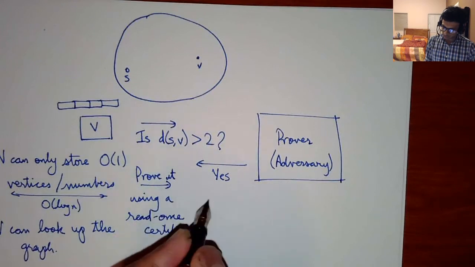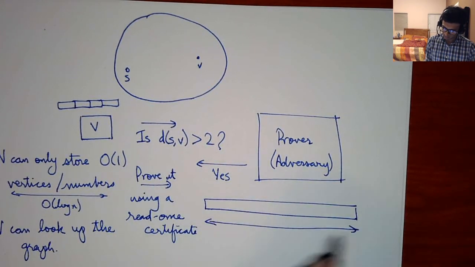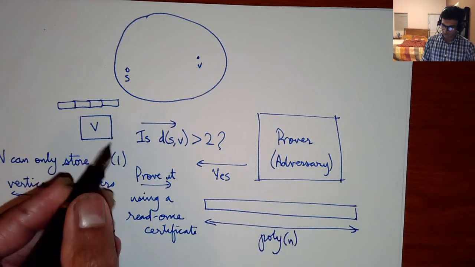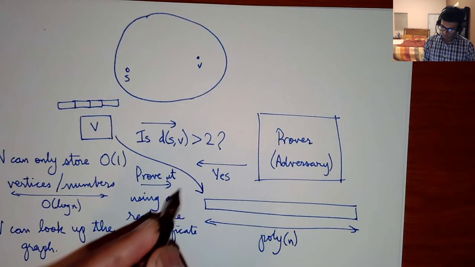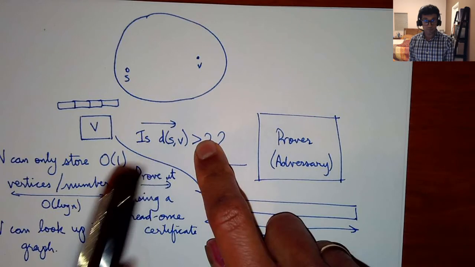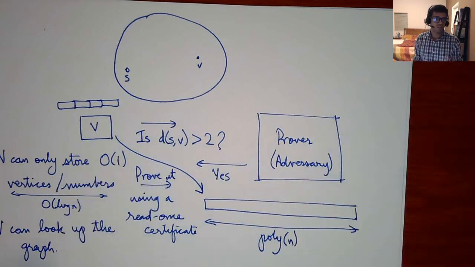And so now what the adversary has to do is come up with this read once certificate, which is of poly n size, so that the verifier can make one pass over the certificate and then say, okay, I'm convinced. Remember, if the prover wanted to prove the opposite, that's easy.